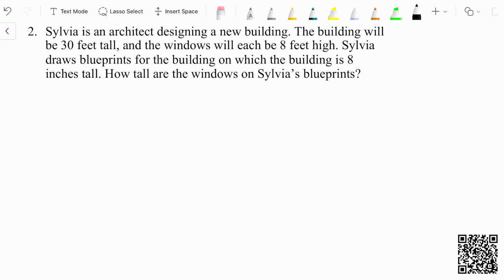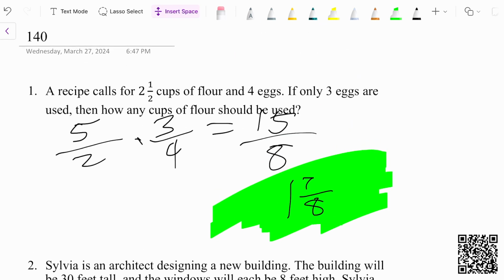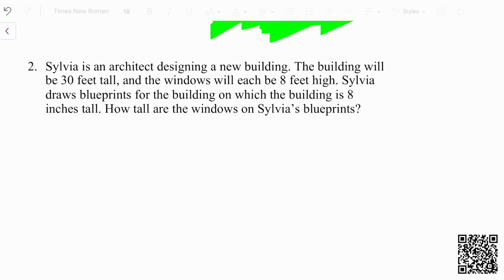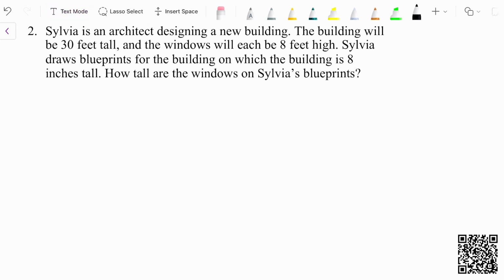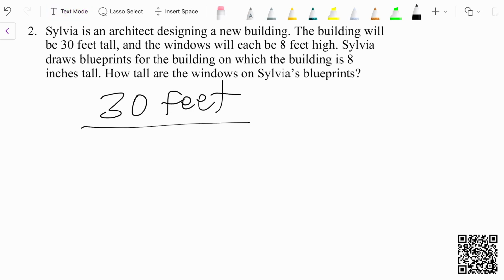So, since the building, we can make sort of like a comparison, not really a ratio here, but since it's 30 feet tall, the building is 30 feet, and on it, since a ratio is basically division, on the blueprint, the building is 8 inches, so we're going to keep the measurements here.